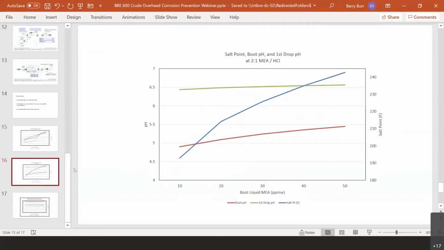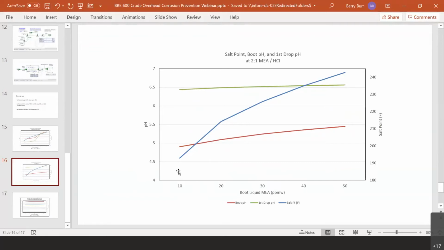Our next scenario that we run, we are changing simultaneously. We're holding the ratio of MEA to HCl at a 2-to-1 ratio, but we're raising both of those simultaneously as we go along the x-axis.